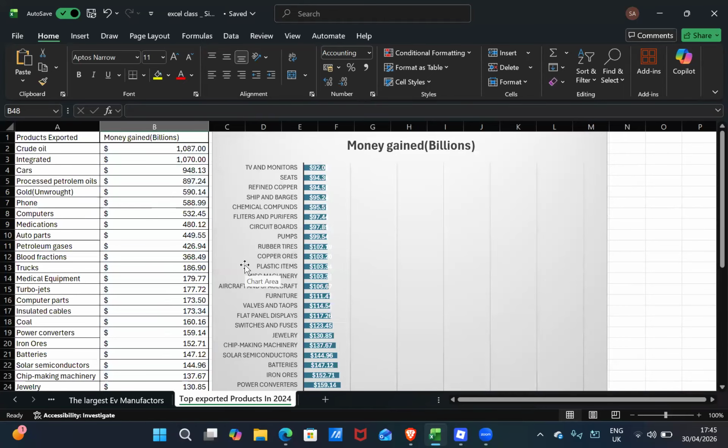So what were you saying about crude oil being the most exploited resource, as per money gained from it? I was just saying that you can clearly see, because if you're making 1 trillion in money gain, that shows that crude oil is a very important product in the entire world.